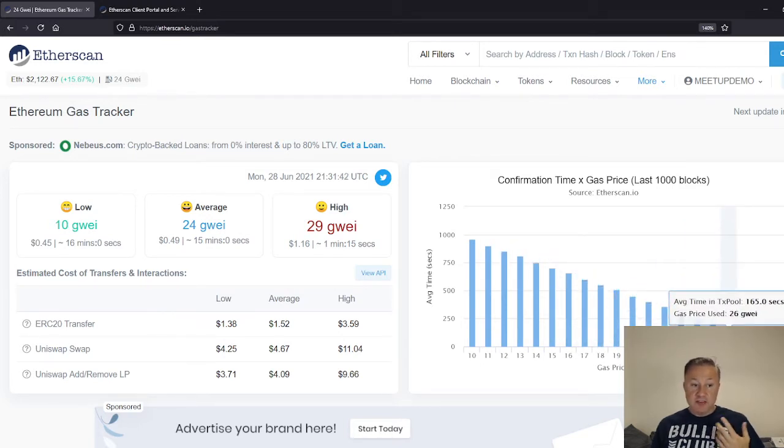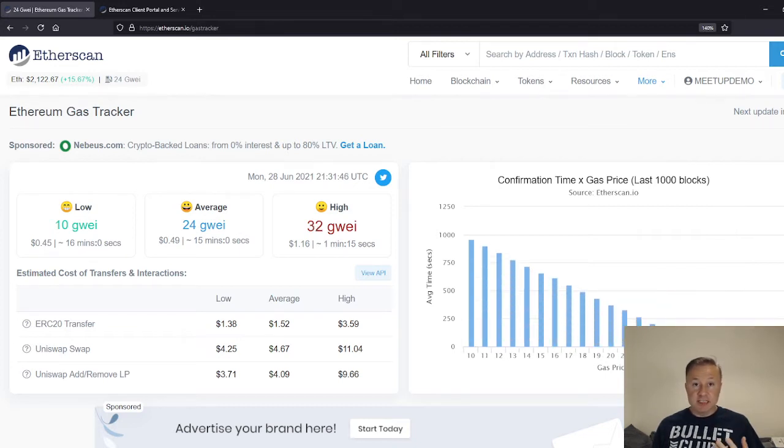Now, the other thing to bear in mind is the fee that's paid to the miner. In order to get a transaction into a block, you're jostling with other people. So if you're putting in a price that's like an average compared to other people, you're almost going into a lottery to get added to that block. Whereas the higher you put it, the less competition you've got, which you can see here.